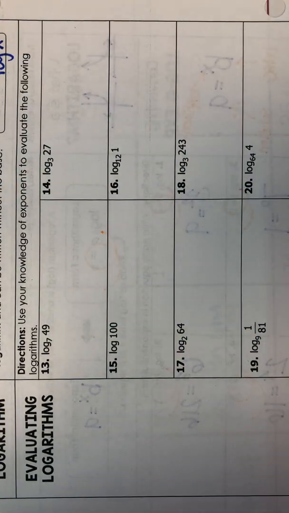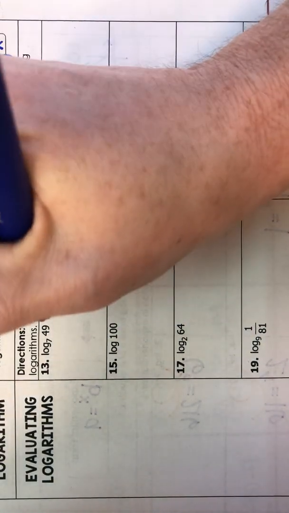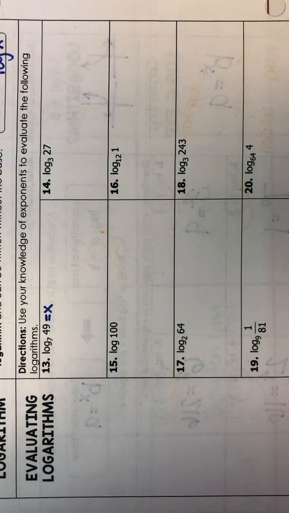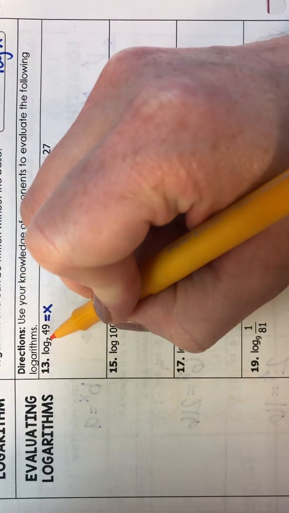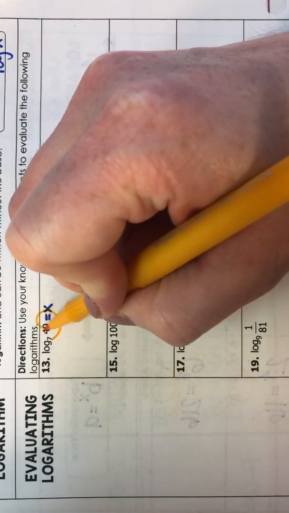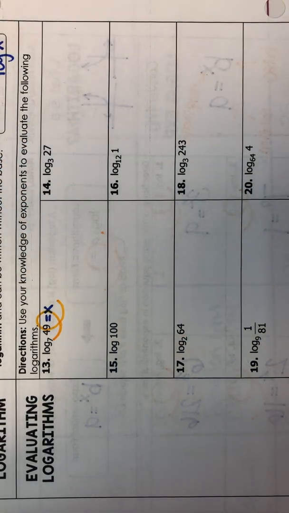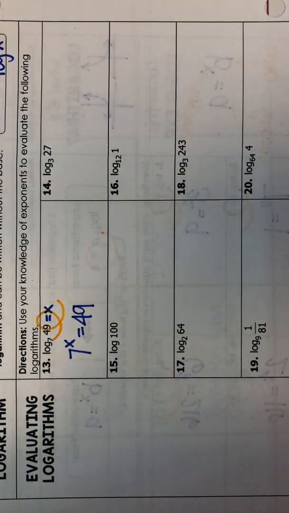Okay, so I am going to start here by setting this equal to x. I know that I've got to solve this for something. This is in logarithm form. I want to put it in exponential form. So I'm going to draw my e very quickly. Okay, I have 7 to the x power equals 49.